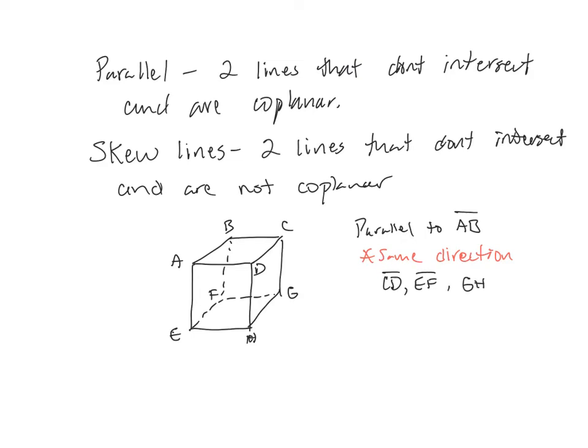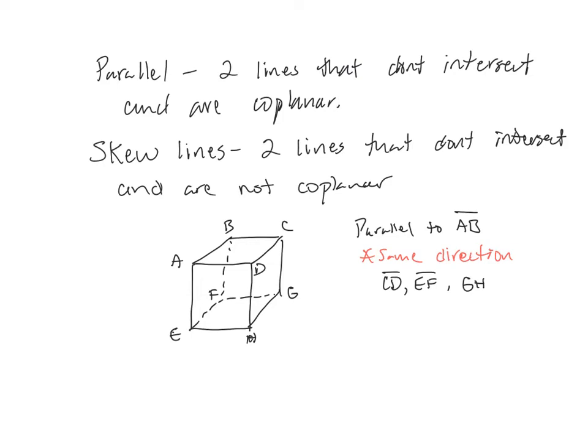They're all going front to back. They're all going in the same direction. Now, AB and CD are both in that top part in that plane, and AB and EF are on the left side. GH is the harder one because there's not a plane there, but I could draw a plane that goes diagonally through the cube, and they would be in the same plane.